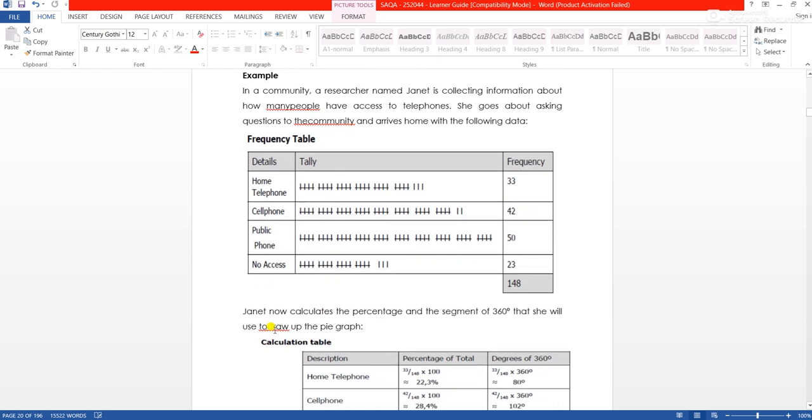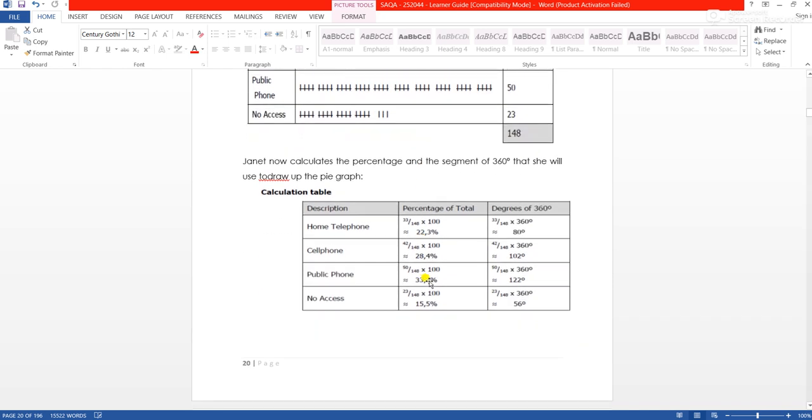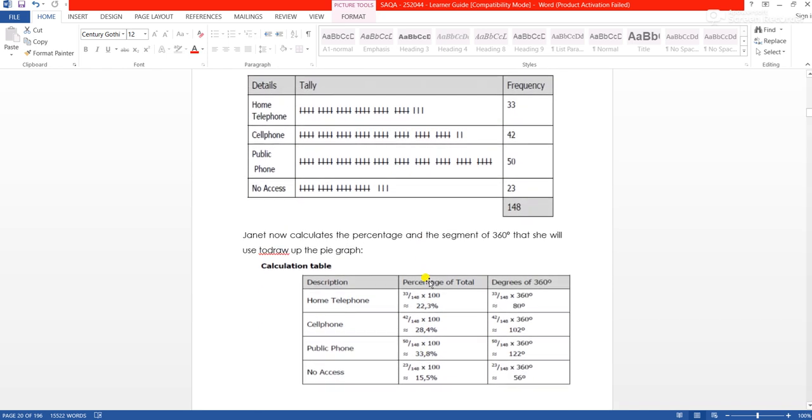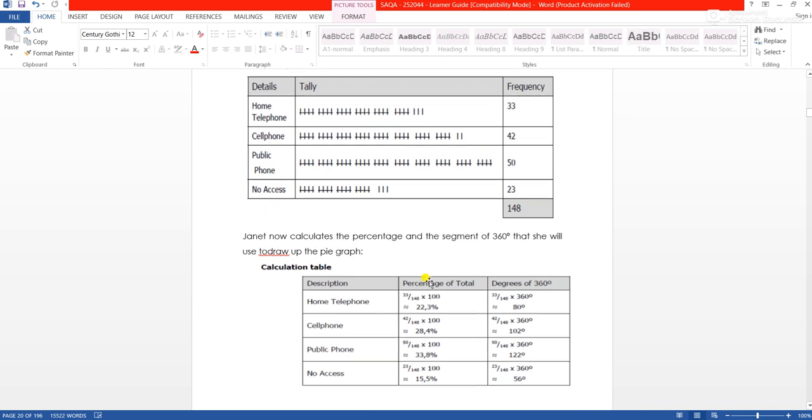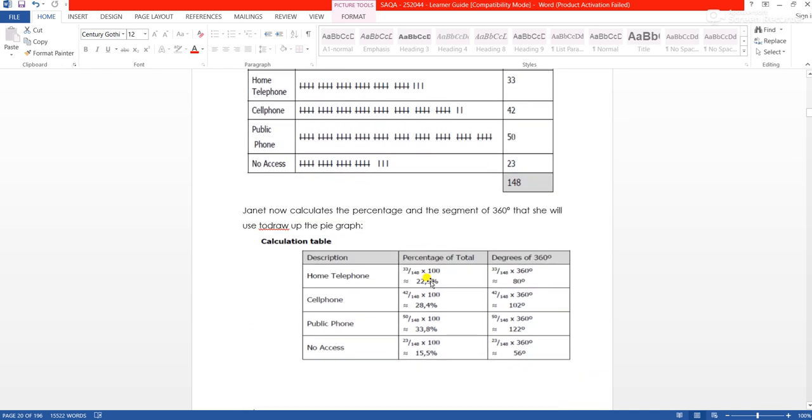Now Janet needs to calculate the percentage and the segment of 360 that you use to draw up the pie chart. This is quite simple.